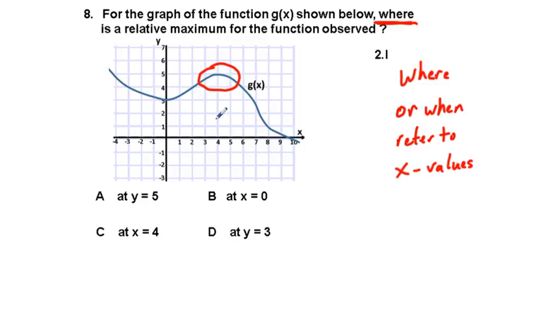So where would be at x equals 4. I think a lot of people pick answer choice A at y equals 5. Well, the value is 5, so really where or when refer to x values.